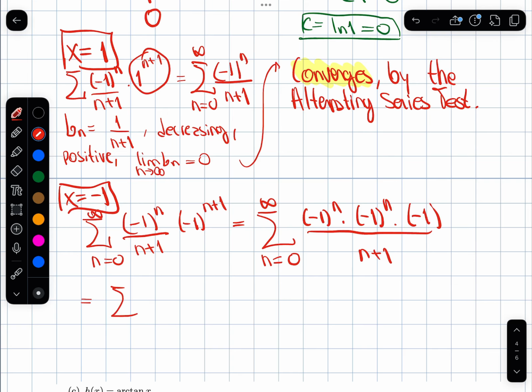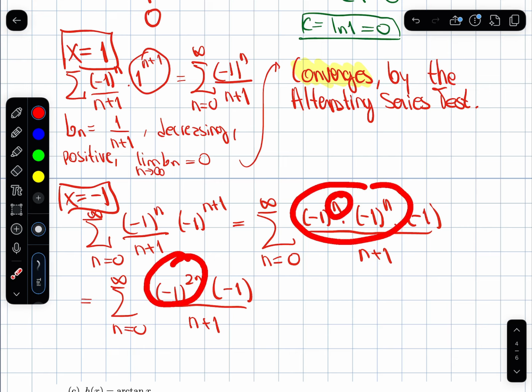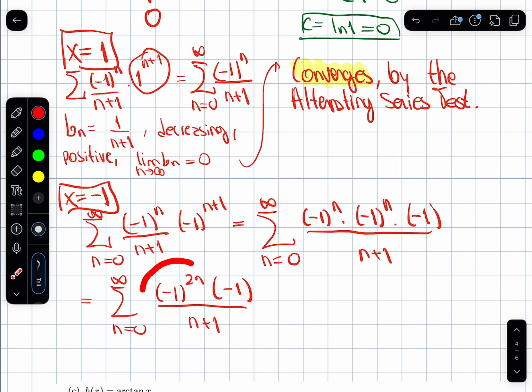I think I'm going a little slower than I'd like on this video, but I think this is a crucial idea. So it's worth it that we spend a little longer. And this, you see, is -1 to an even power. I added the 2 powers here to get a 2n. -1 to an even power is always positive. Isn't that crazy?